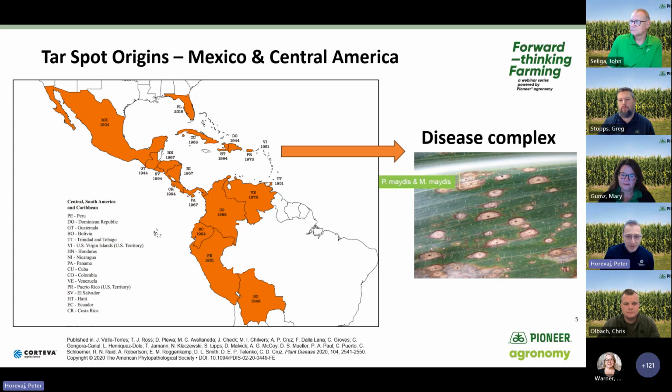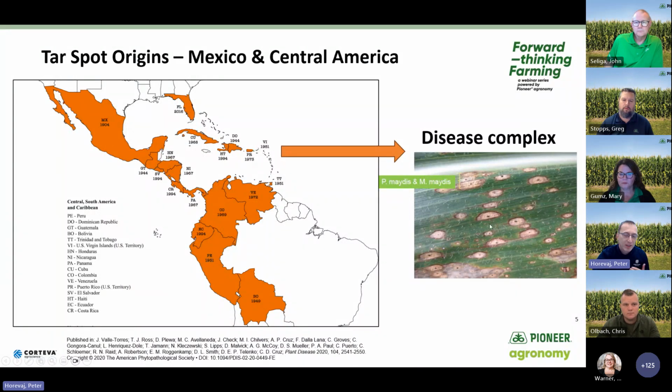One difference there is that it is known more as a disease complex. What that means is that we actually have two pathogens causing disease in the tropics. It's the one that forms that stroma, those black spots, Phyllachora maydis, but there is also another pathogen, Monographella maydis, that is causing those fisheye lesions, the necrotic tissue, and that in the tropics actually causes more problems in terms of yield reduction.